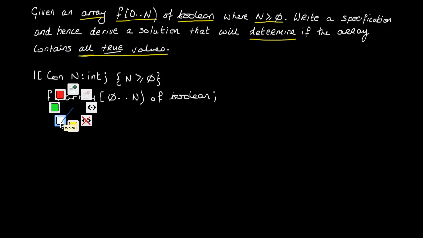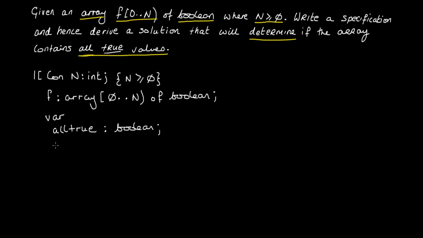So I'm going to have a section here called var, and then in here I'm going to define a variable called all true, and that's going to be of type Boolean. And then we can, for the moment, use a label. Let's just call it S. It's just a little placeholder for the program itself.